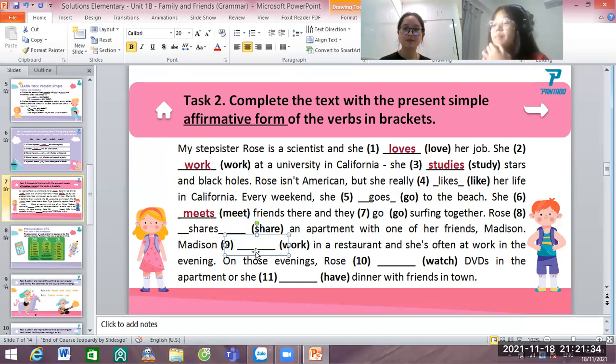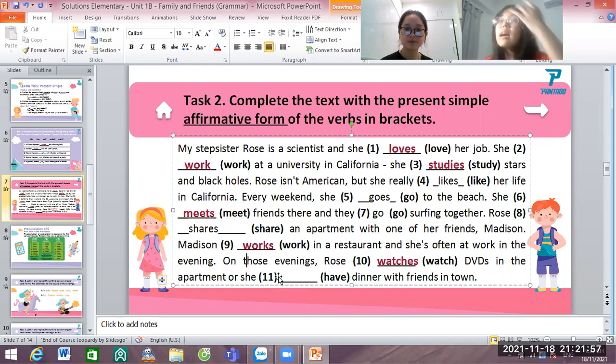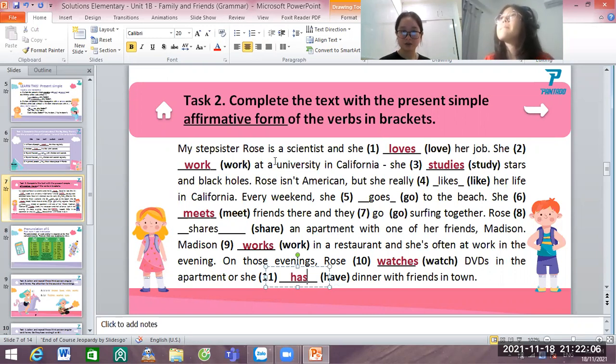Number 9, works. Good. Number 10, watches. Very good. Number 11. Has. Yes. Has. Very good. So you are correct.